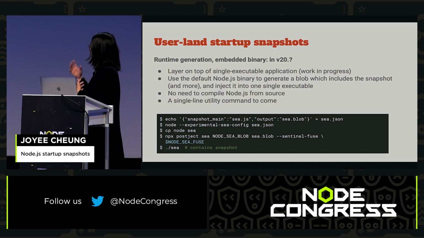When I launch, I will just deserialize that. And with this, you don't have to compile Node from source to use an embedded snapshot. So that's still a work in progress, but is coming.